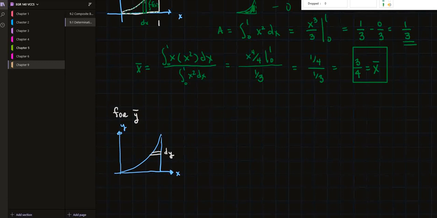When we're working on the area, we'll start with the area first. We'll take the area of this square and then subtract it from the area here to get our y bar.